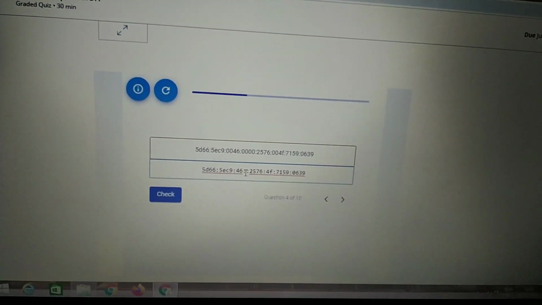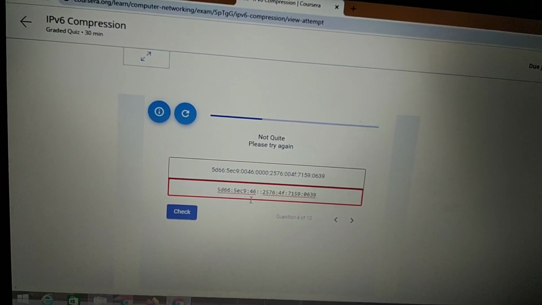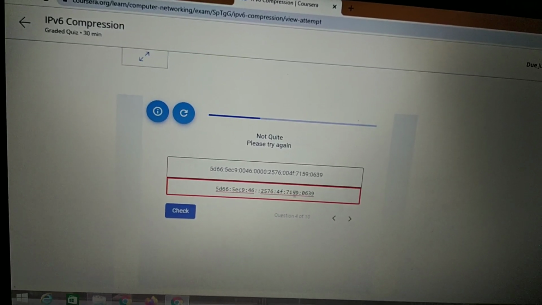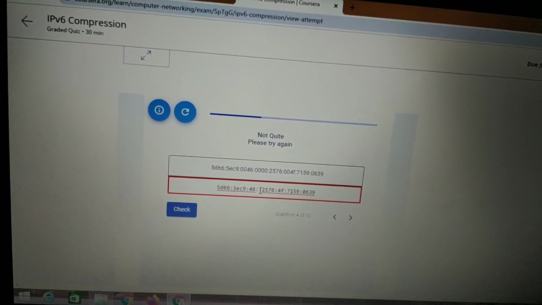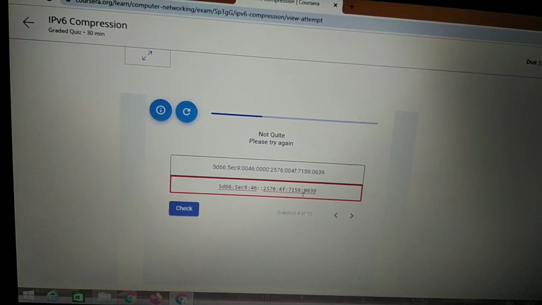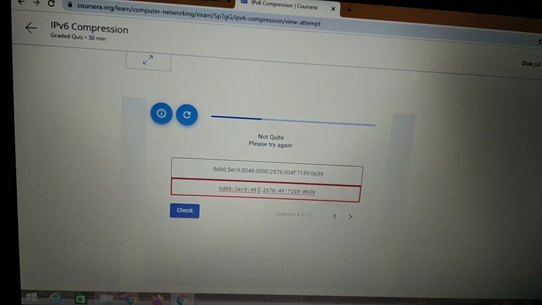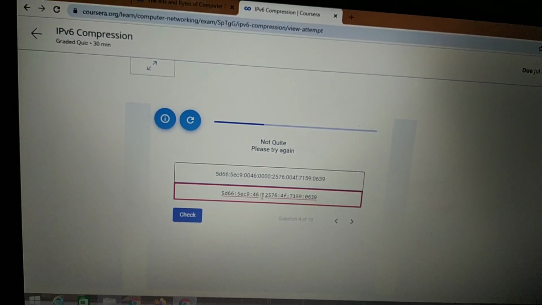Now once again we check it. Why is it showing wrong? I think here we have to give double colon 2576 4F 7159 0639. Everything is fine. No, here we have to give 0 term.